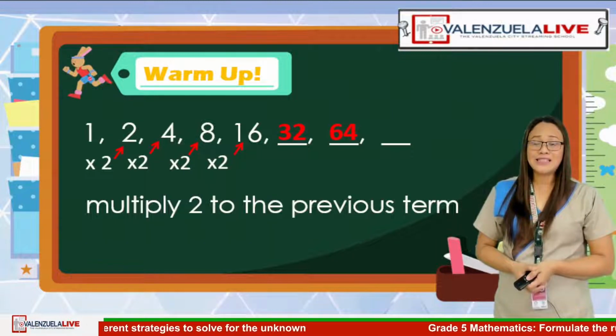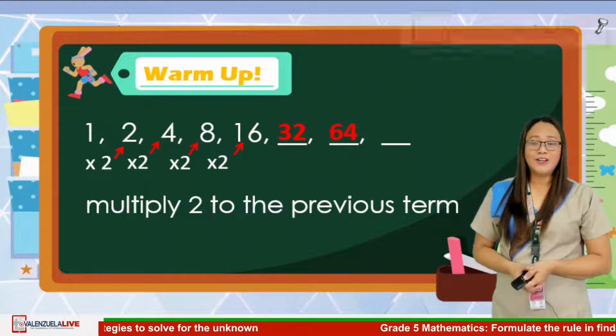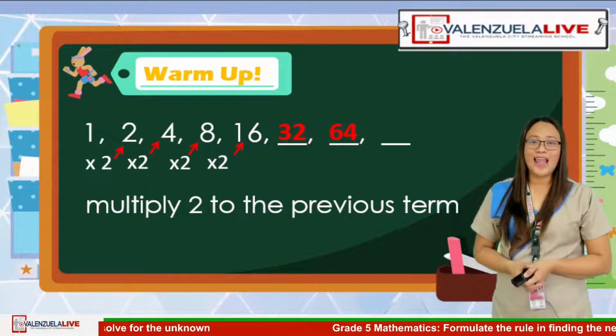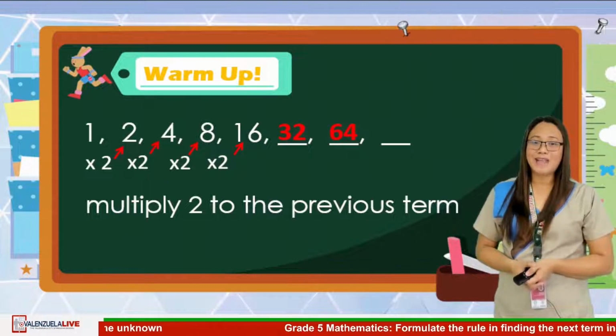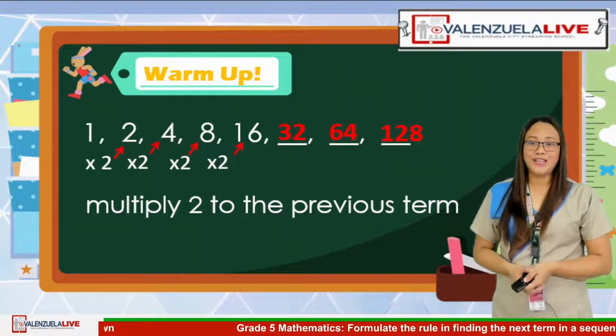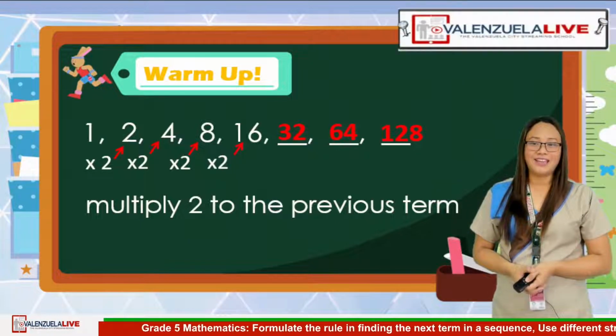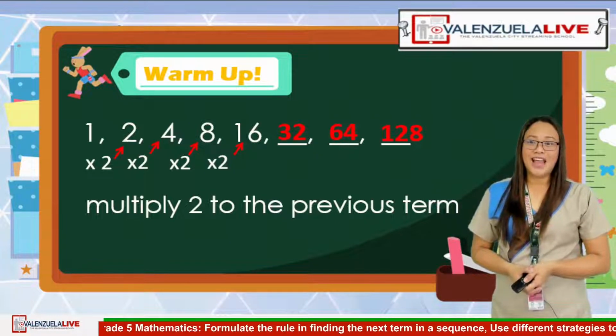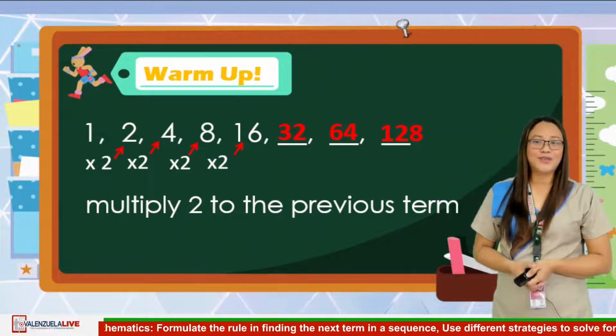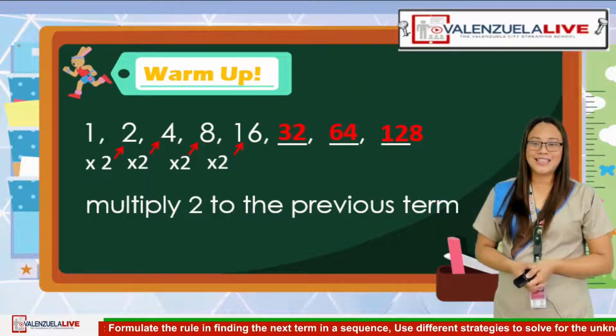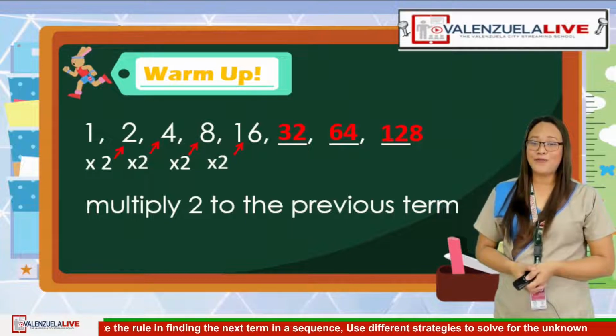And how about the last number? All right, we also need to multiply 64 times 2. And that will give you 128. So our pattern now is 1, 2, 4, 8, 16, 32, 64, and 128.